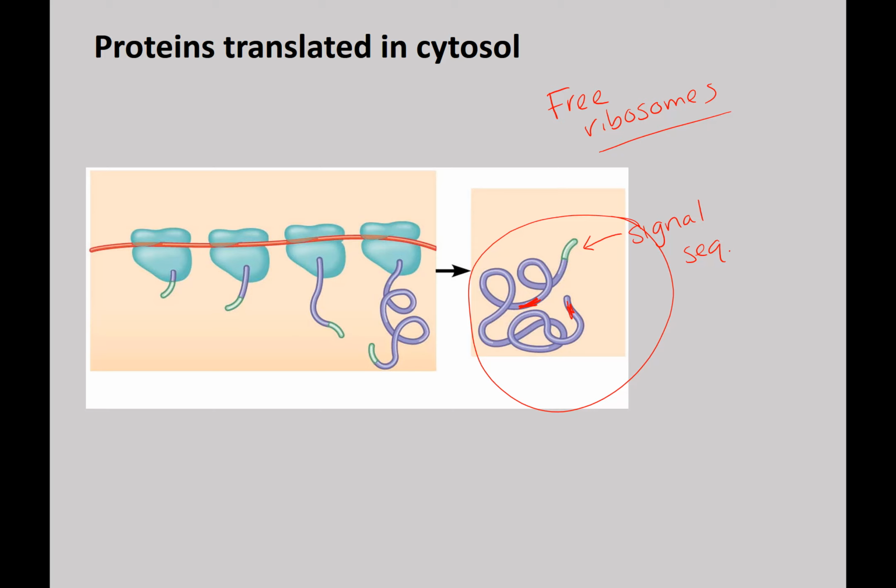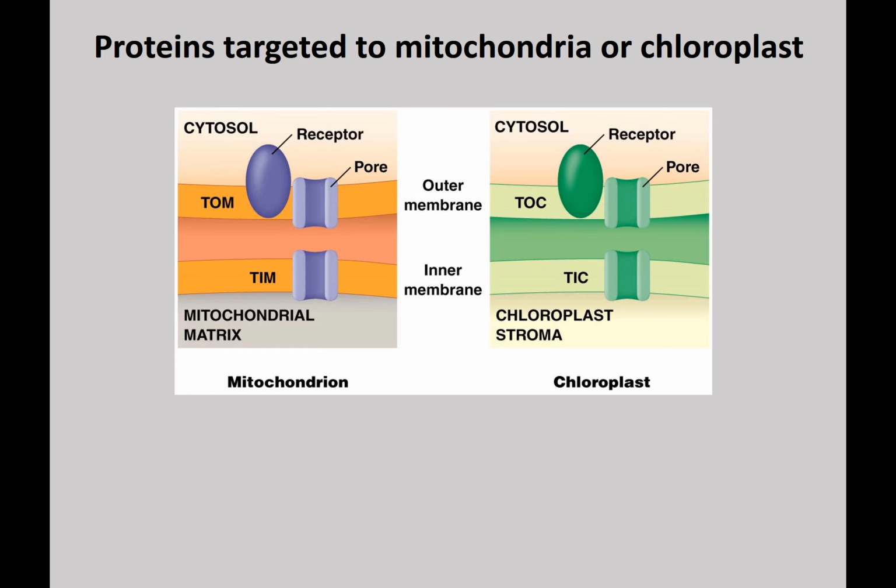So we're going to talk about proteins that are targeted to the mitochondria and the chloroplast. Okay. And in general, they have what we call a transit sequence. And that transit sequence is going to bring it to a receptor on the outer membrane of the chloroplast or the mitochondria.